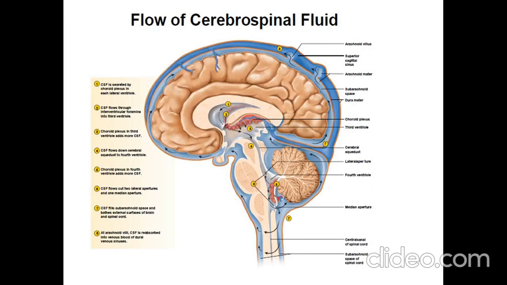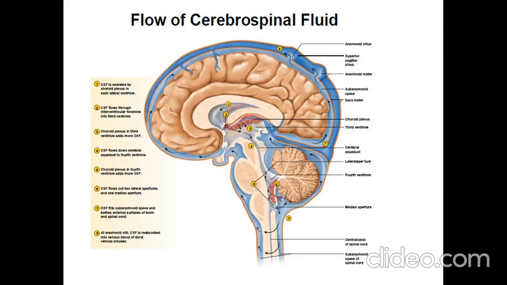After that, it passes through the interventricular foramina into the third ventricle. The choroid plexus in the third ventricle adds more cerebrospinal fluid. Again, the cerebrospinal fluid flows down the cerebral aqueduct to the fourth ventricle.